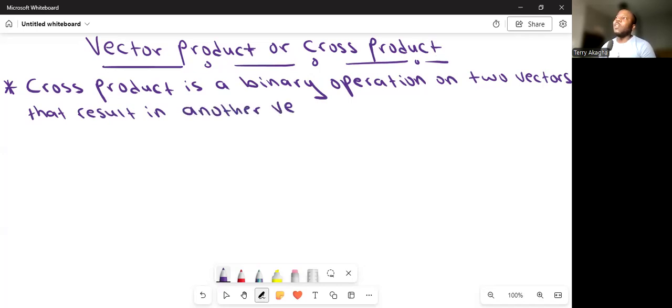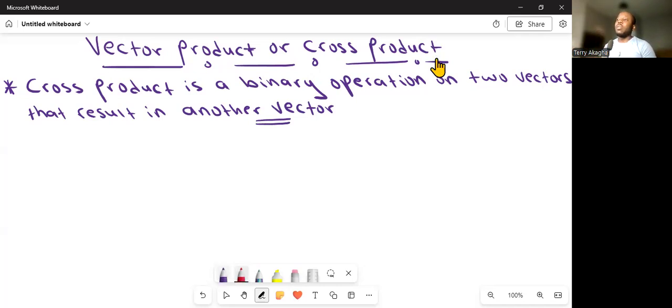Now, like I said, unlike the scalar product, which had a scalar quantity at the end, you have a normal value. So if you look at the previous video, when we're done with dot product, we get a number. But in this case, when we are done, we're going to get another vector. Is that okay?